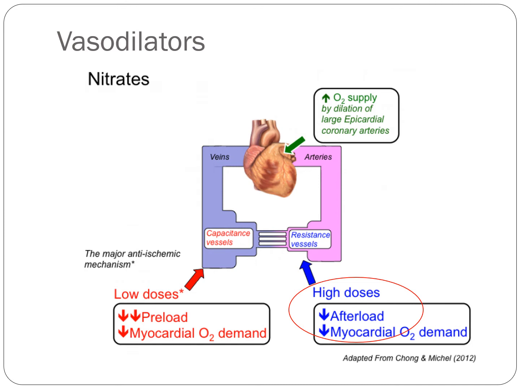Low doses can, as we see in this picture, decrease preload, and high doses can decrease afterload. Whether it's a low or high dose, both of them are going to decrease the demand that the heart muscle has for oxygen because the heart is no longer working as hard. So that's another big plus there.